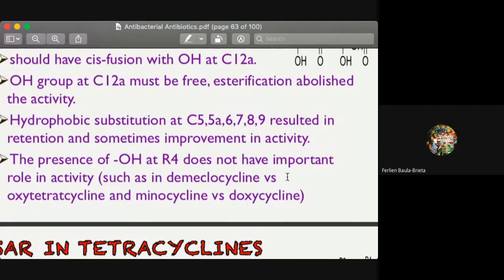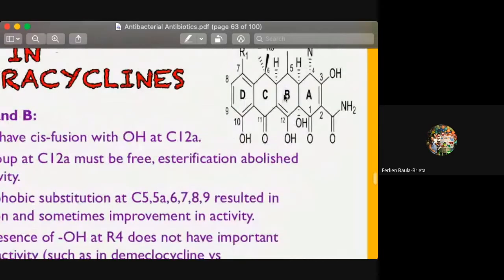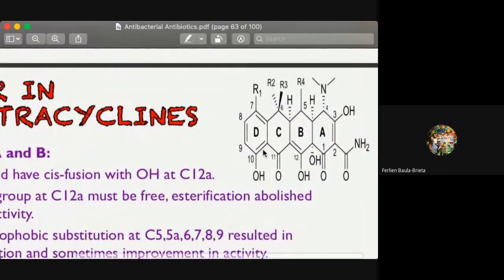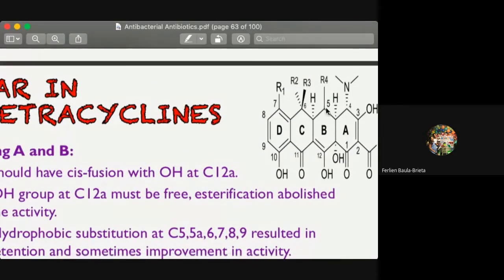So I will ask you later on in the activity that I have prepared. You will try to look for the structure of these two pairs of drugs and look at their R4.